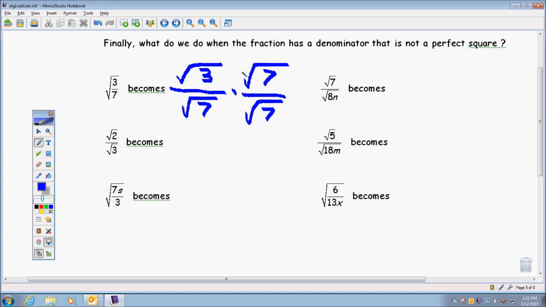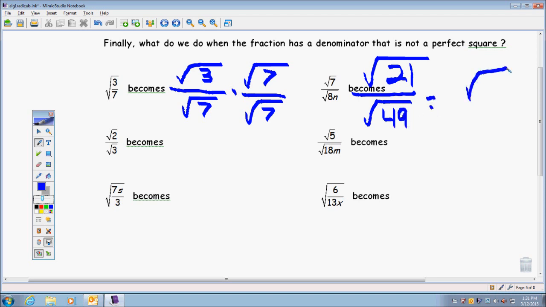So what we're going to have here is multiply this together. You can get radical 21 over radical 7 times 7 is 49, radical 49. Okay, what you're going to have now is radical 21 over 7. You can have a radical on the top. You can't have one on the bottom.